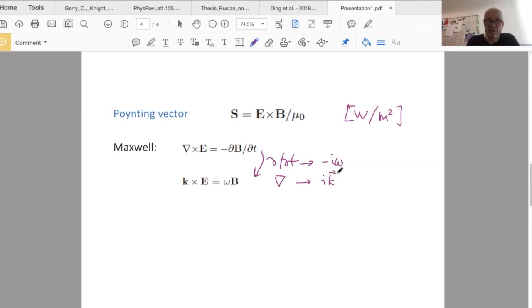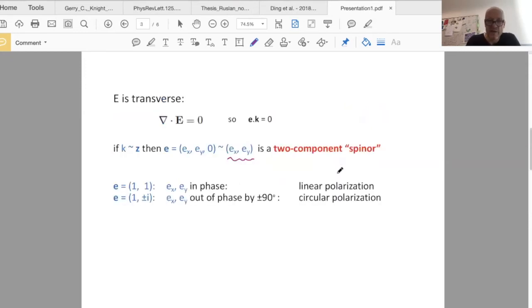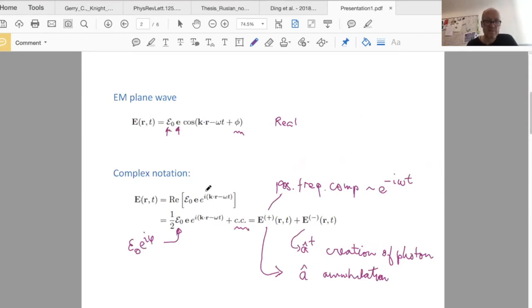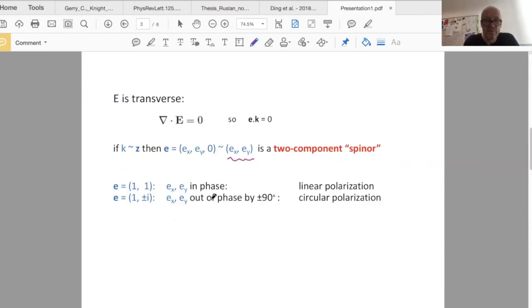And this is simply a consequence of the exponential form of the traveling waves.